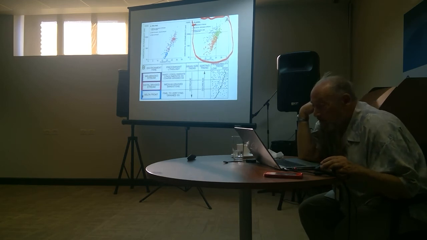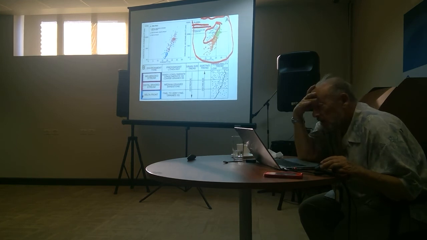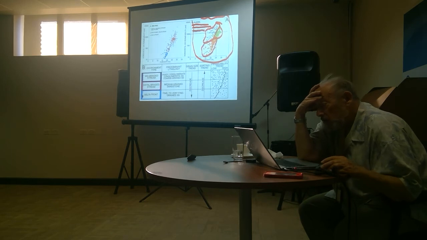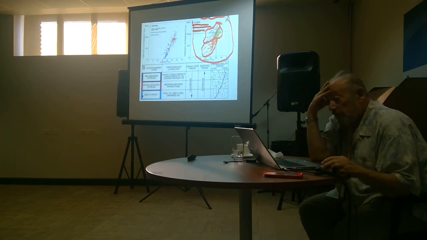The middle braided stream deposit occurs up here, kind of in a zone like that. The mid to distal is here, and the distal braided river deposit occurs down with lower permeability.